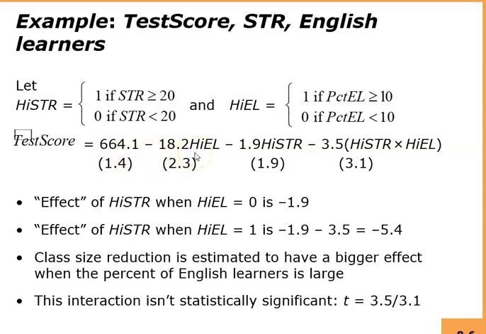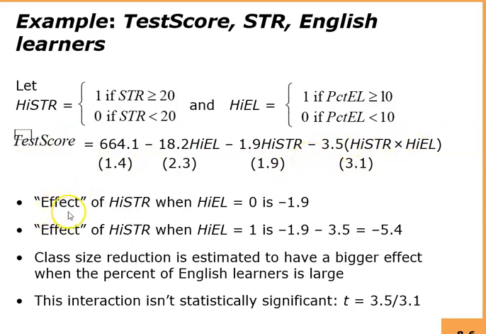Similarly, you can work out the 4 possible cases for different groups when they take different values of high STR and high EL, and you can figure out what the means for each of those groups will be. But keep in mind that just finding out the means is not really finding the effect.